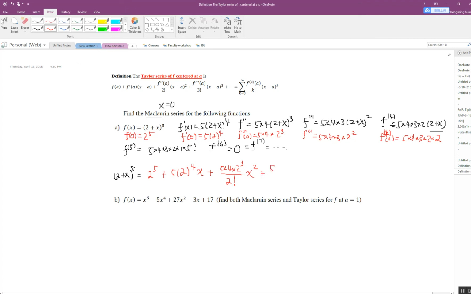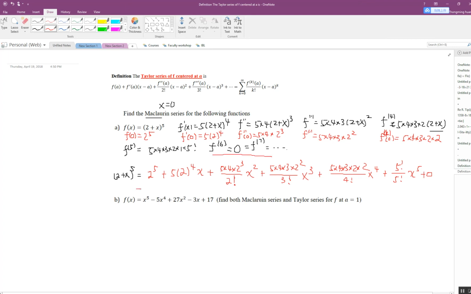The next one will be 5 times 4 times 3 times 2 squared over 3 factorial, x cubed. And the next term is 5 times 4 times 3 times 2 times 2 over 4 factorial, x to the power 4. The next one is 5 factorial over 5 factorial, x to the power 5. All the other ones are 0 because all these derivatives are 0.